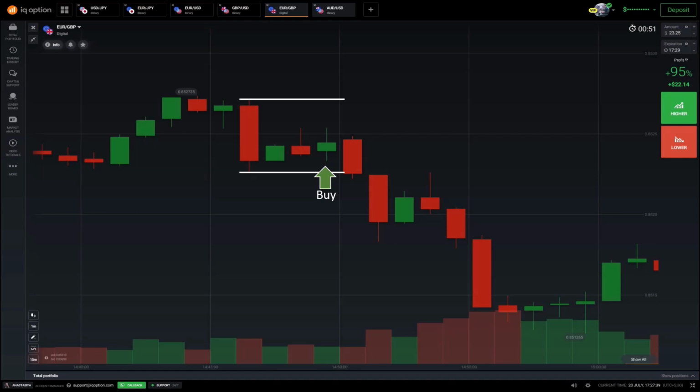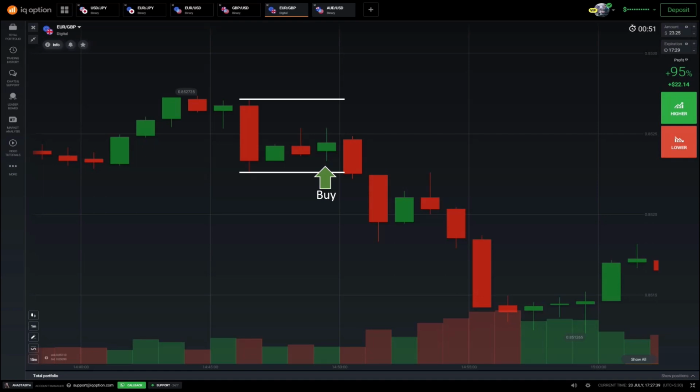Otherwise, don't use this strategy directly on the real account, because each and every strategy has no 100% surety of winning trades. Strategies work 70 to 80%, 90% sometimes. So 70 to 80%, that's what you can expect.